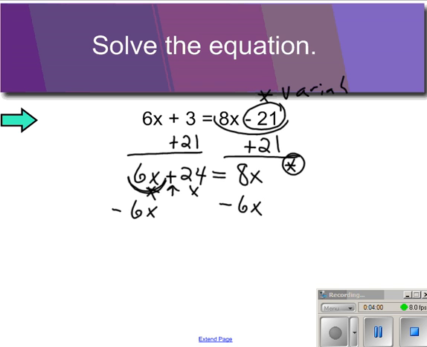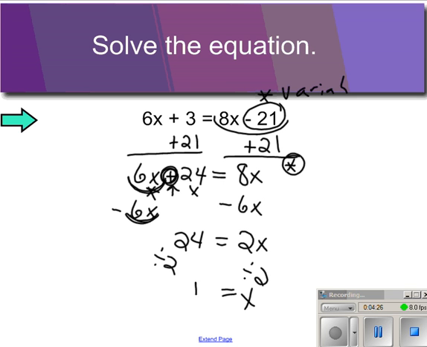I can do this because I'm keeping my 6x together, and I'm just undoing the operation. When I have 6x minus 6x, I end up with 24 equals 8x minus 6x, which is 2x. Now I'm down to a problem where I can use division and solve for x. I would divide both sides by 2.